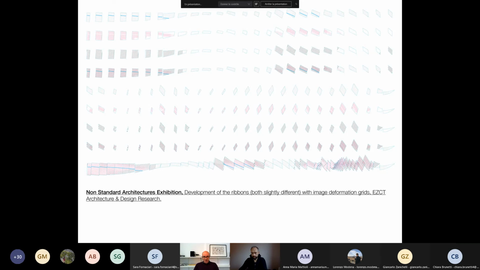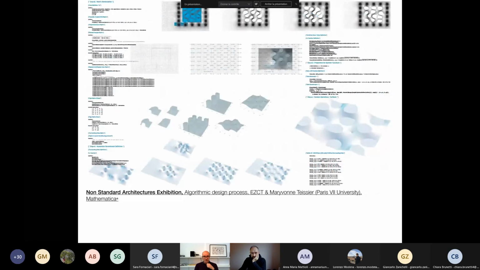If you look at the ribbons, it was all created through programming, and we had to pay attention to the deformation of images so that we can reduce the deformation when they are printed on this white ribbon. So we had to pre-deform the image so that when printed in a deformed shape, they would look good. All of this was very interesting.